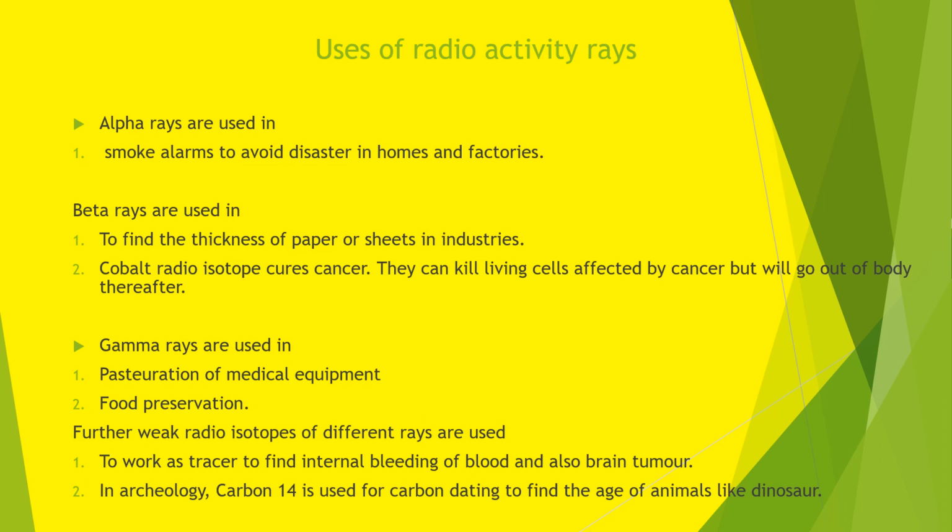Gamma rays are used in sterilization of medical equipment and food preservation. Further, weak radioisotopes are used as tracers to find internal bleeding of blood and also brain tumors. In archaeology, carbon-14 is used for carbon dating to find the age of animals like dinosaurs.